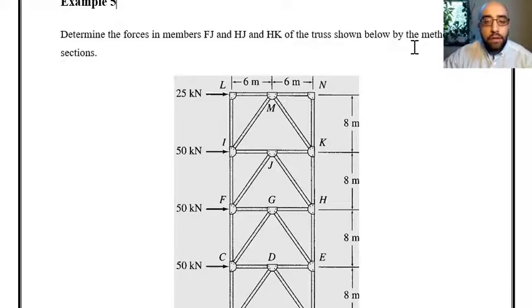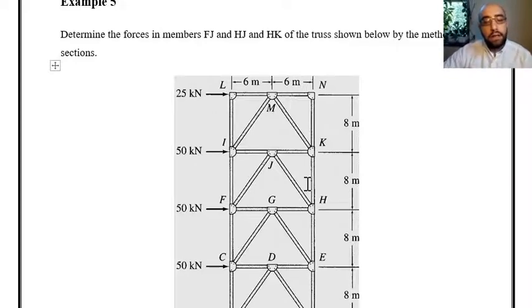And it is telling us to use the method of sections. So I need to find the forces in these three members, Fj, Hj, and Hk. It kind of shows me the section that I should consider in the truss, or the line that I have to draw to cut the truss.